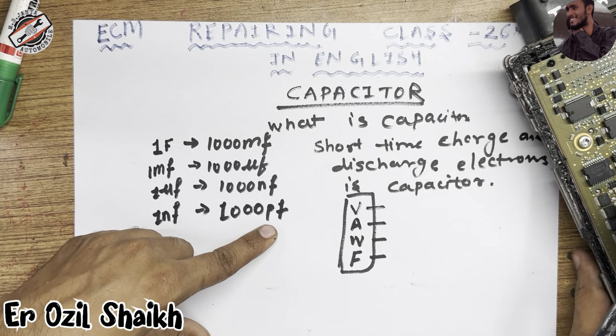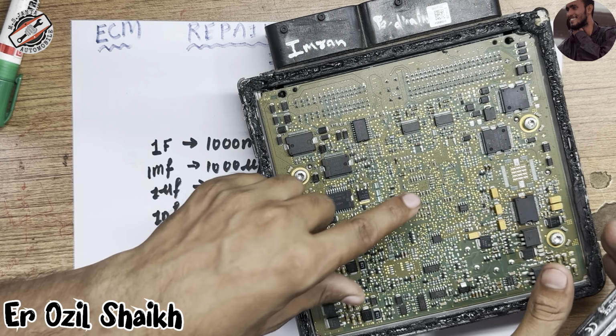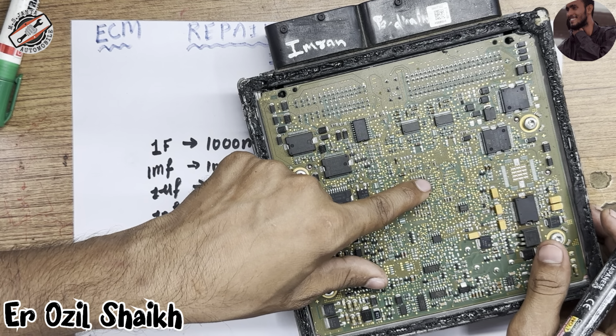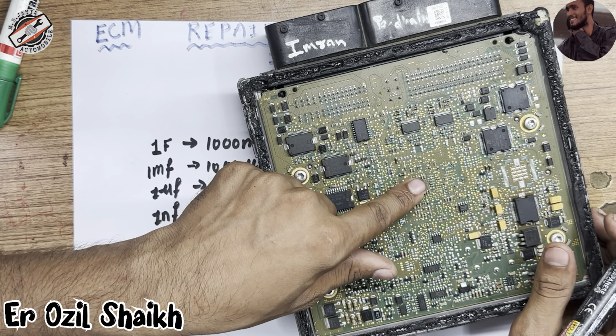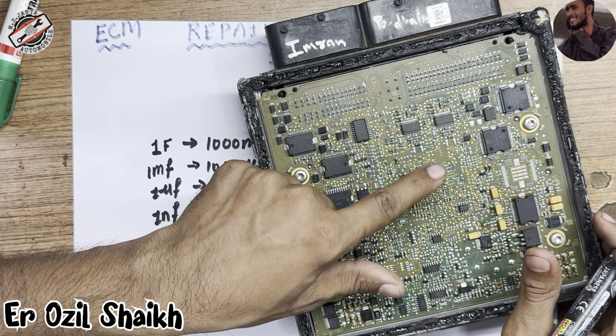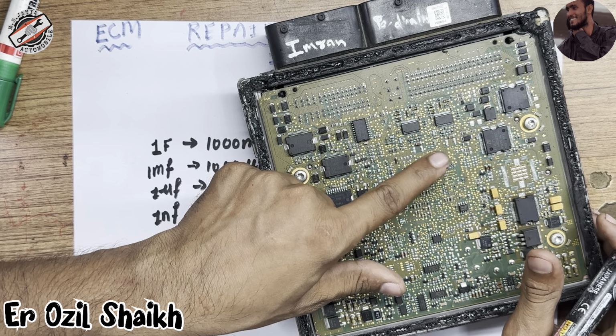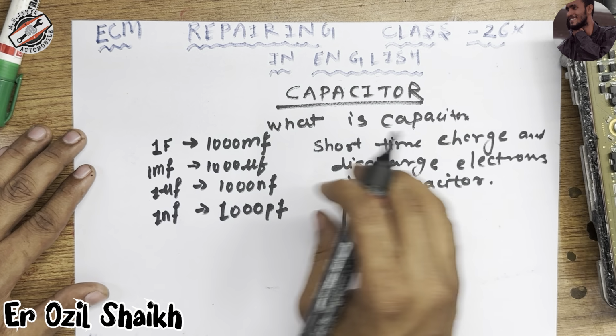Okay, in many ECMs I always say, this one is the pF. Sir, pF is not, this is a non-polarized capacitor. pF means the value of the capacitor is in picofarad, that's why we call it pF.